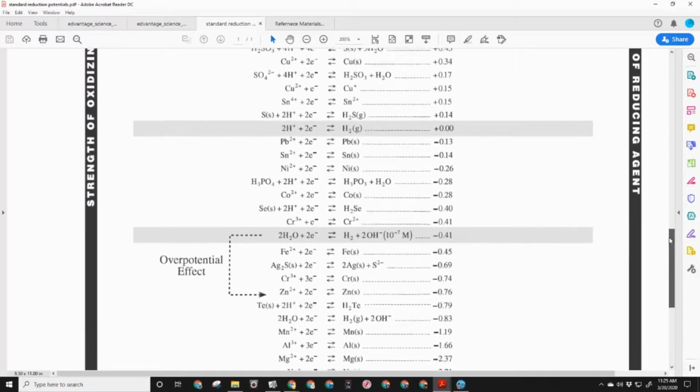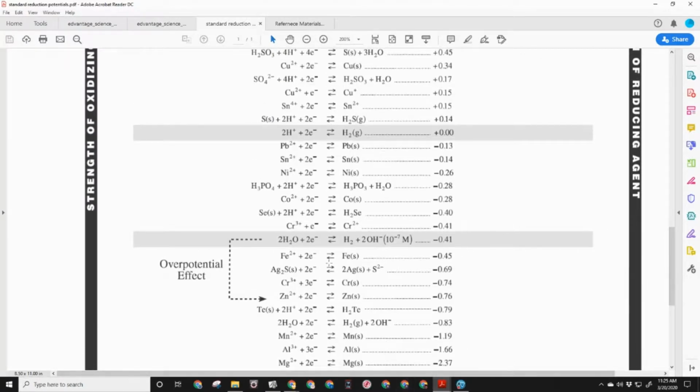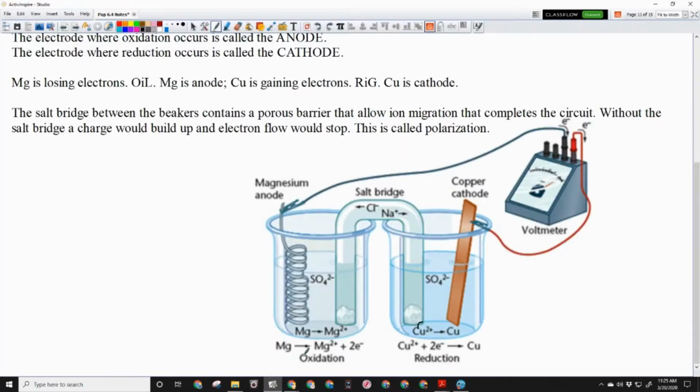So I'm just going to keep magnesium at the bottom of the screen, and let's find copper. Oh, here's copper 2+ going to copper right here. So copper is stronger than magnesium. So the flow of electrons is going to go to the copper because the copper is stronger. So the electrons are going to go from the magnesium side to the copper side.